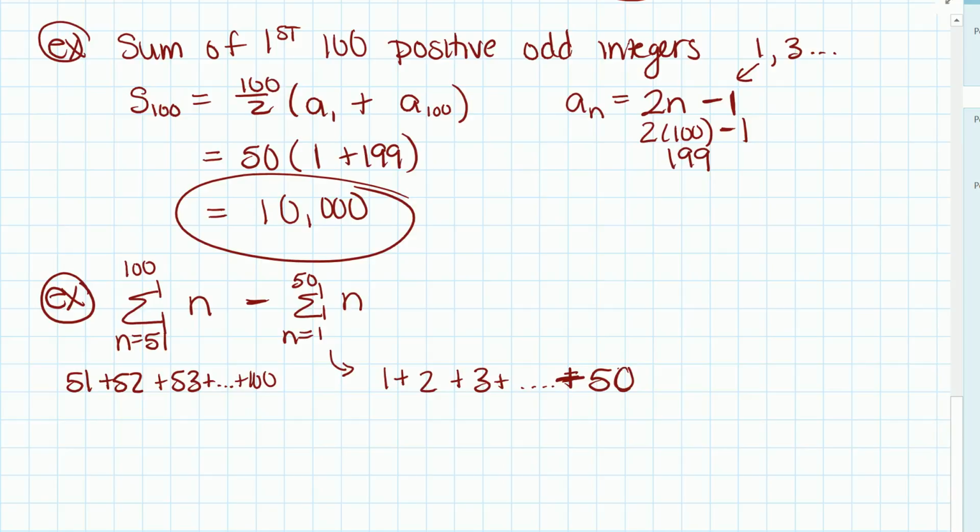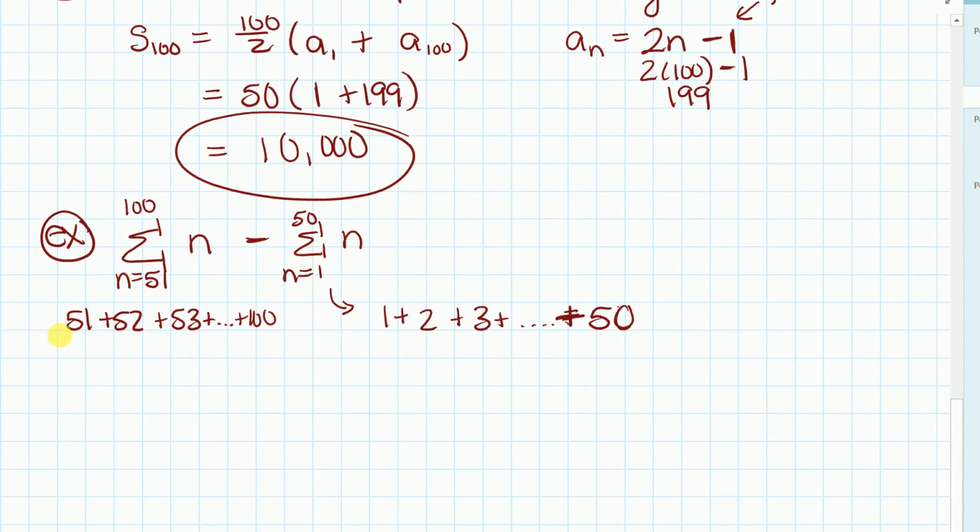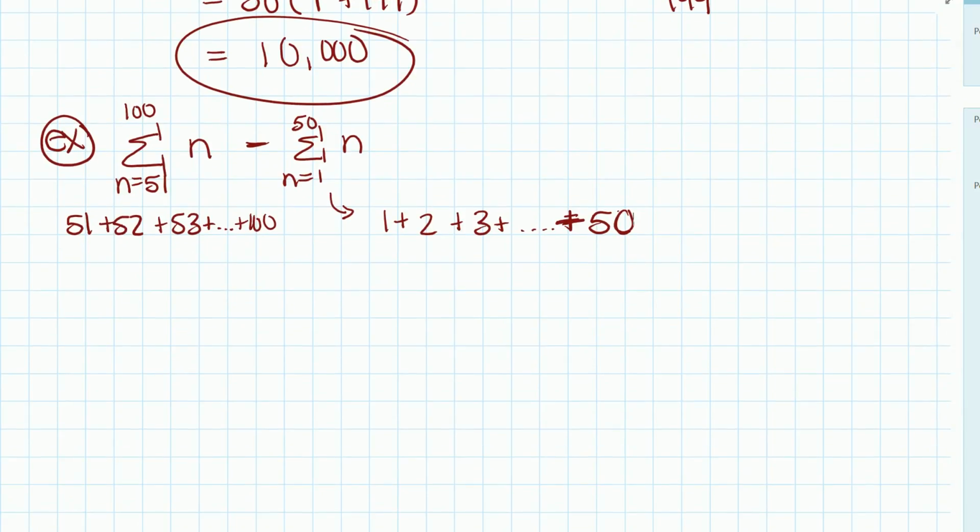Do you see how you really just have an arithmetic sequence that you're going up by 1 each time? So what's going on here? We've got an arithmetic sequence, 51 to 100. How many numbers actually is that? It's a difference of 49, but if you include the 51, it's 51, 52, and so on. That's actually 50 total numbers, so that's an important thing to note. Our first term is 51, and the last term is 100.